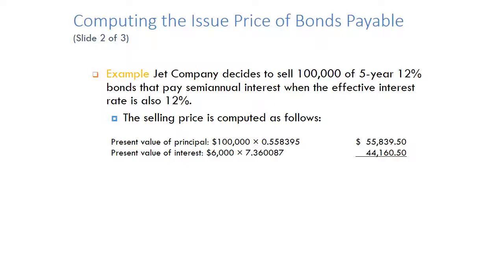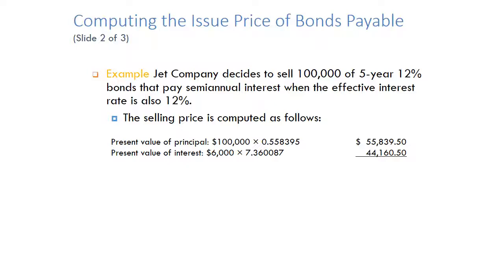So there's your factor. The other part of the computation that will determine the selling price of the bond is the present value of an ordinary annuity. Remember that calculation. What are interest payments? They're really an annuity. What does this company promise to do? It promises to pay 6% on $100,000 every 6 months, basically. So $6,000 twice a year for 5 years.